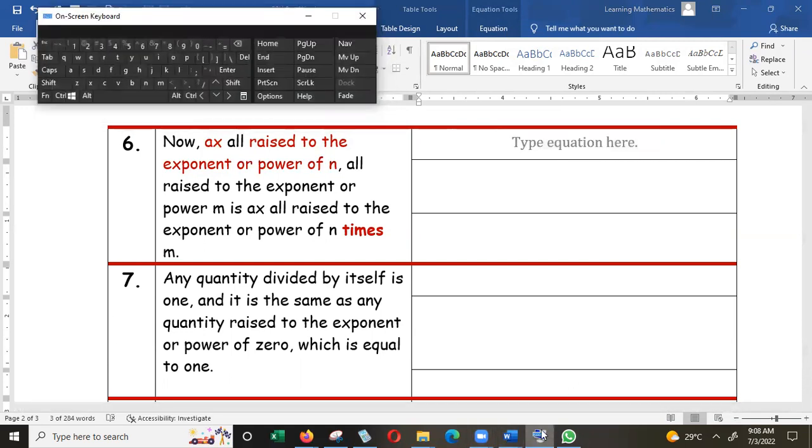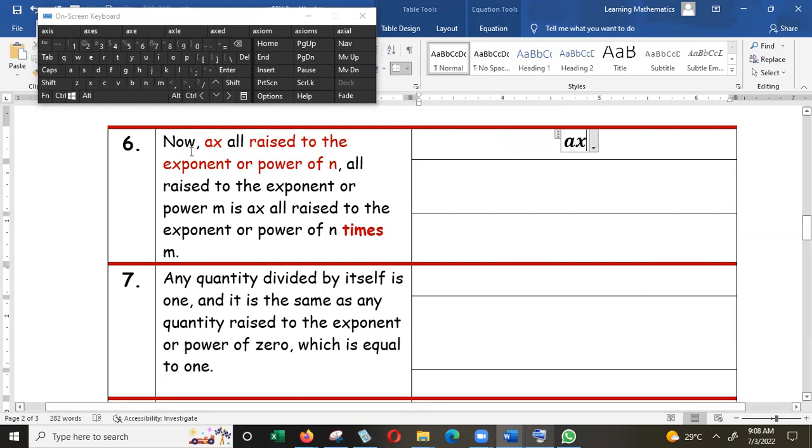Normally, when we are writing in mathematics, it's written in italics. So ax, see the difference in italics. Ax all raised, so all raised, now we will need brackets. All raised, because both the a and the x have to be raised. When they say all raised, both the a and the x have to be raised.